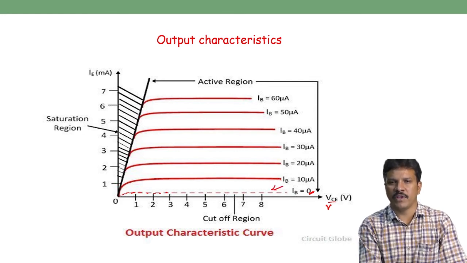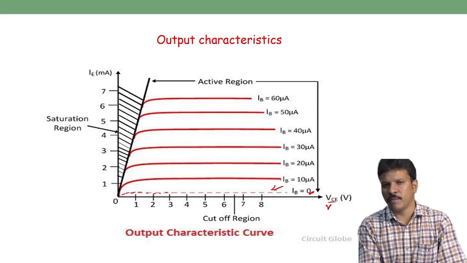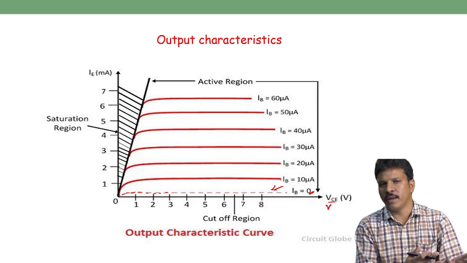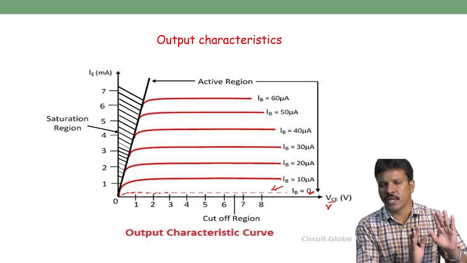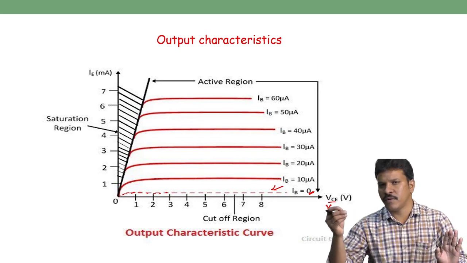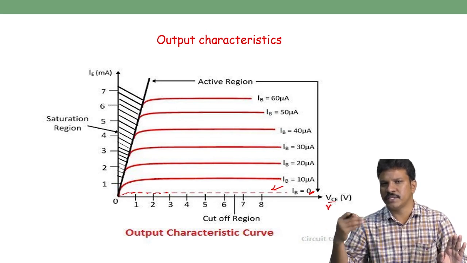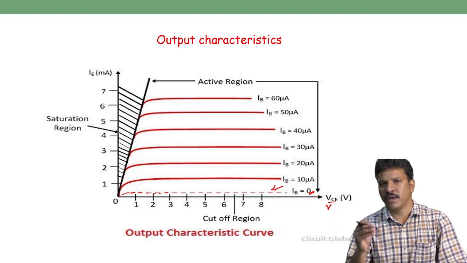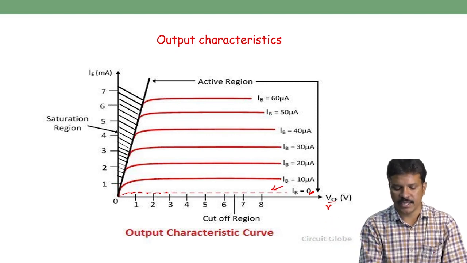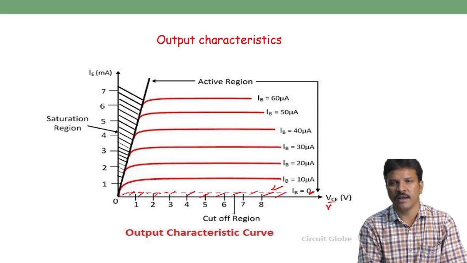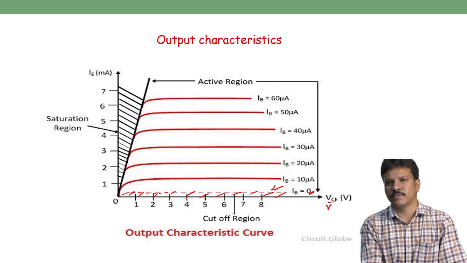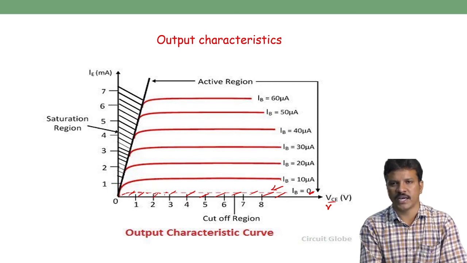When we compare with the common base configuration, where the input emitter current is 0, the entire emitter majority charge is kept at 0, so the reverse bias voltage between collector and base is very small. That can be represented on the x-axis, so it is negligible. But here it's not negligible, it can show some significant current, so we show a small line above the x-axis.